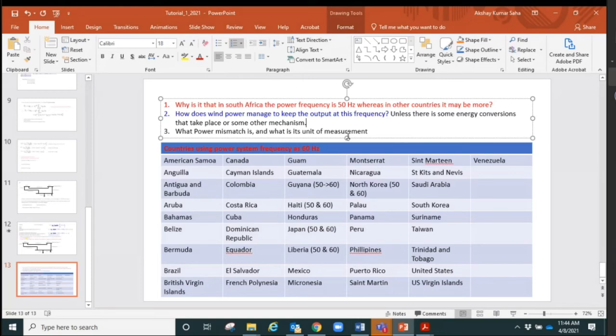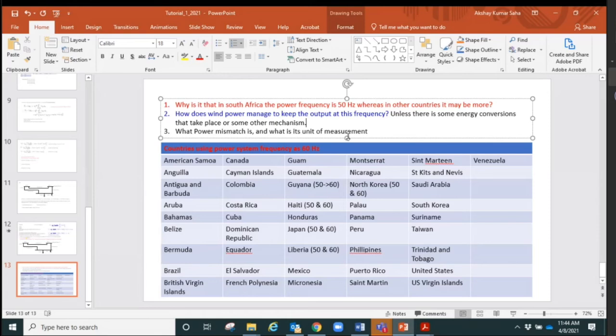Doubly fed means it's a generator where the stator is connected, obviously, to the grid, and also the rotor is connected to the grid, whereas in other generators like our synchronous generators in a thermal power plant, only the stator is connected to the grid. The rotor side is controlled by the generator operator to control the excitation, the reactive power and the generator terminal voltage.